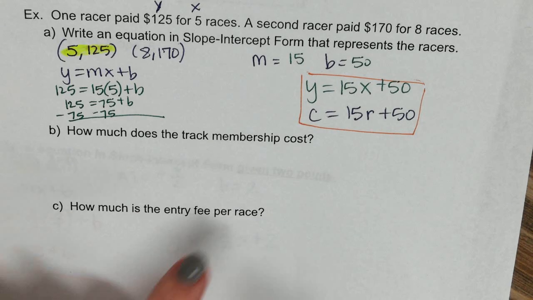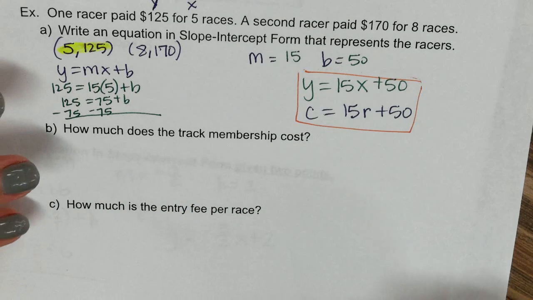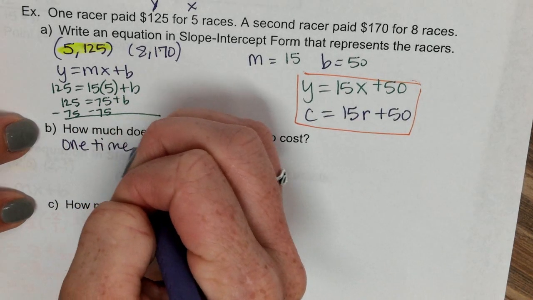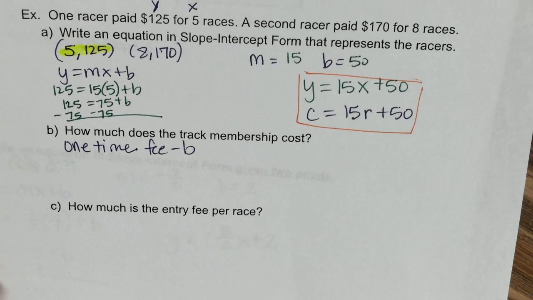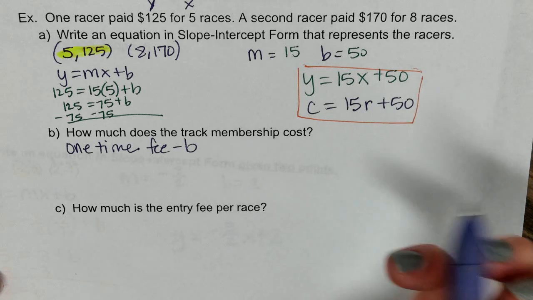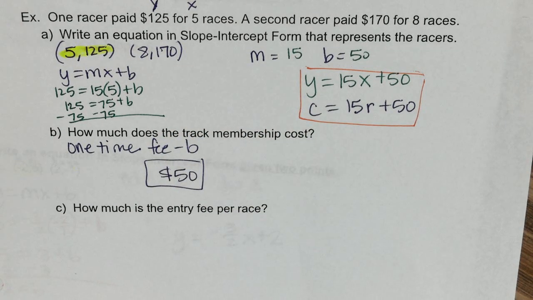Yes? So all they were asking for is, what is the b? Okay, so I want you to write that down because it's probably going to be on your assignment. The one-time fee is the b. So what was the one-time fee? $50. All they were asking for was the b, which you already solved for in your equation.